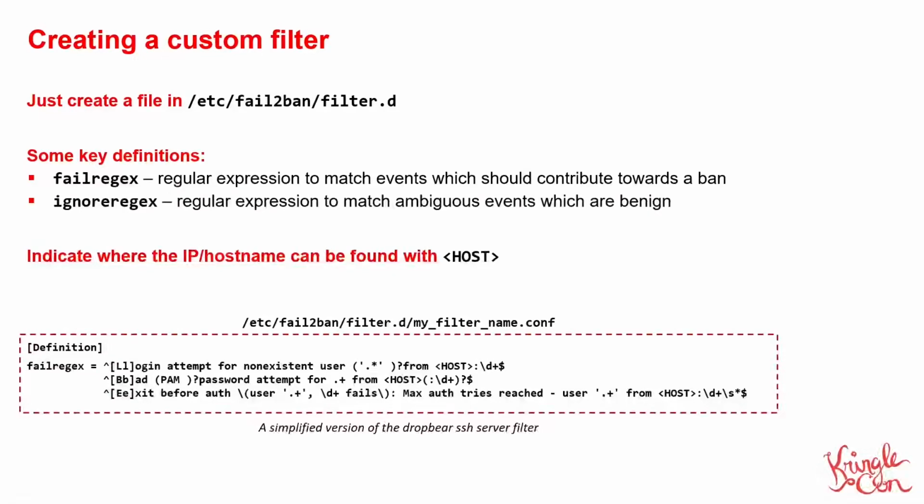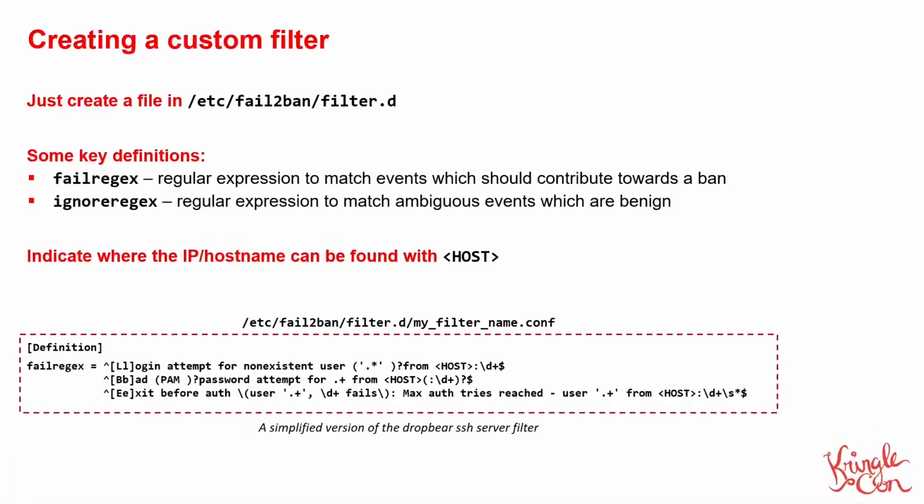The key definition is that of failregex, and this is the regular expression to match lines in a log file that relate to malicious activity. The example on the screen here is a simplified version of the configuration for the Dropbear SSH server. It contains 3 particular formats of potentially malicious activity that may be logged in that log file.